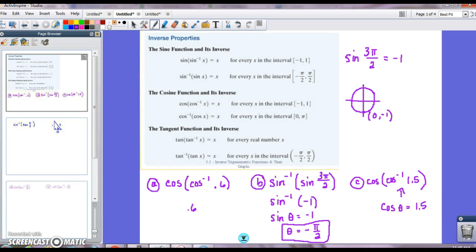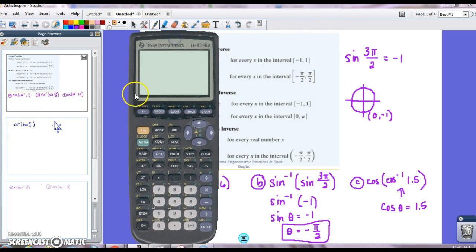And if you put that in your calculator, let me clear that out, if I did second cosine of 1.5, I end up with an error in the domain because there is no such thing as an angle that has a cosine of 1.5.